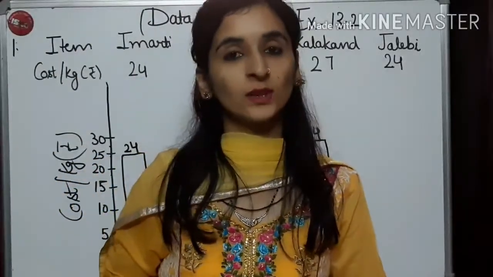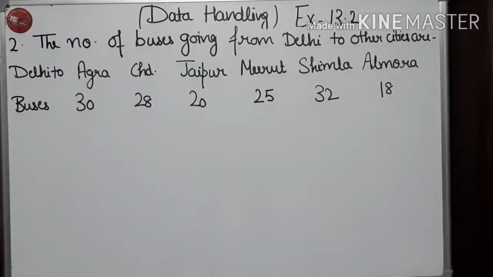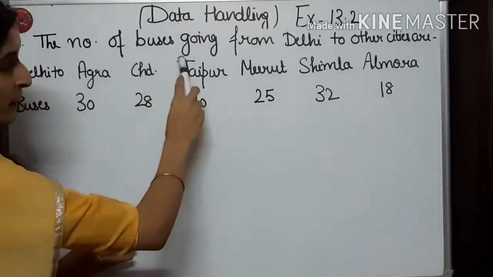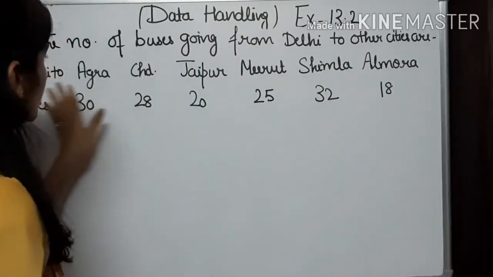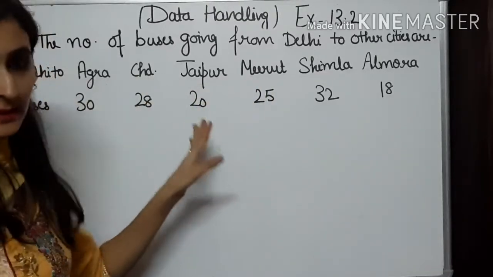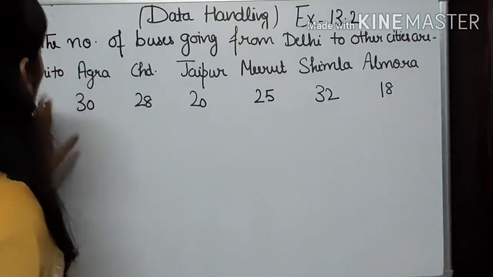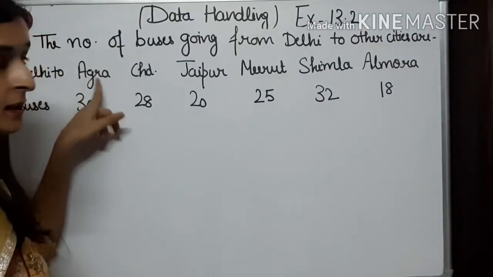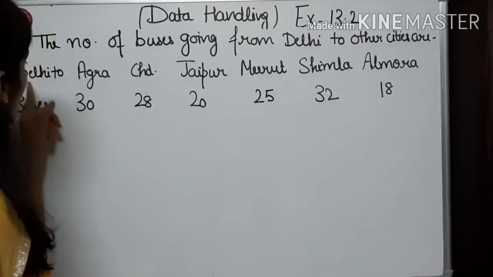Next is question number 2. The number of buses going from Delhi to other cities are given: these are the names of the cities and these are the numbers of buses. Delhi to Agra, the number of buses is 30.